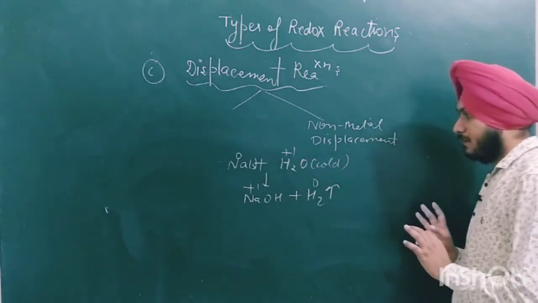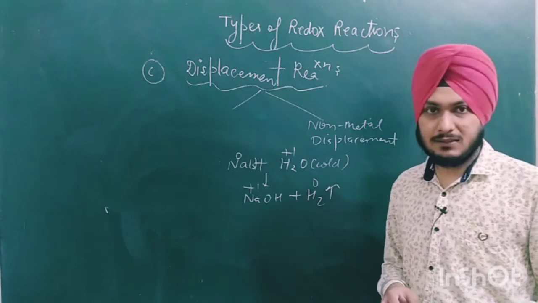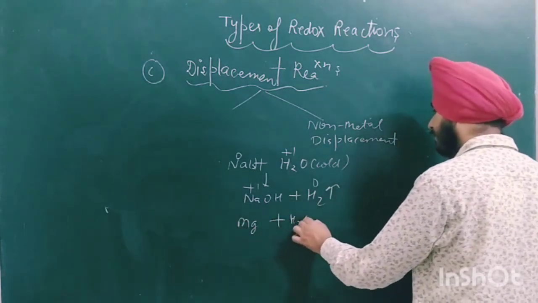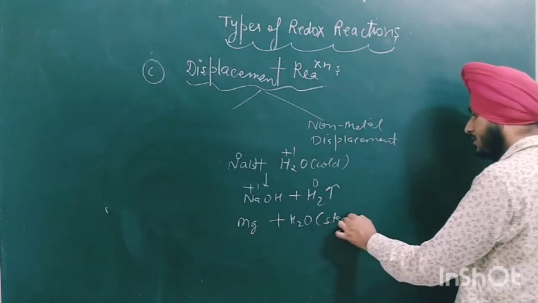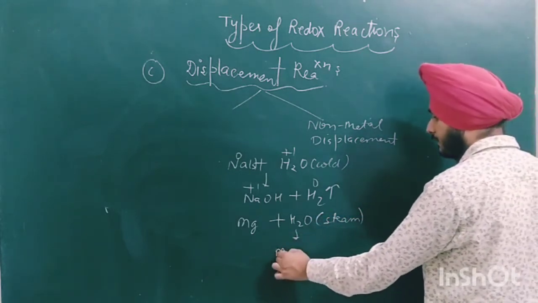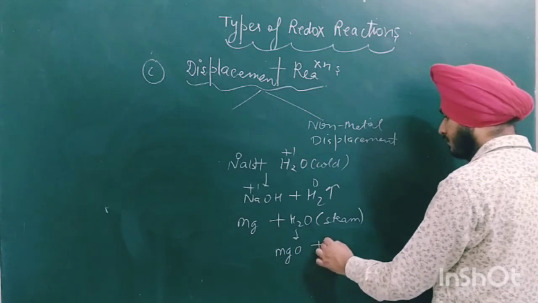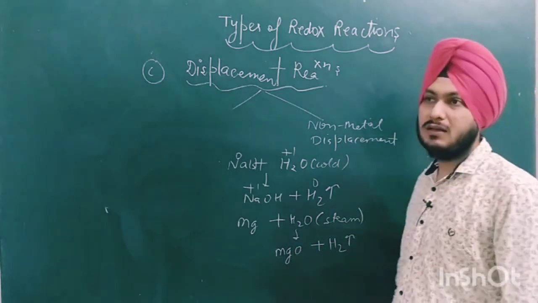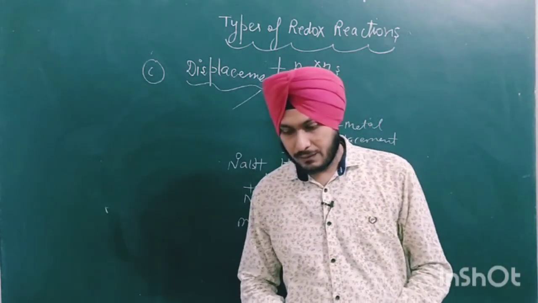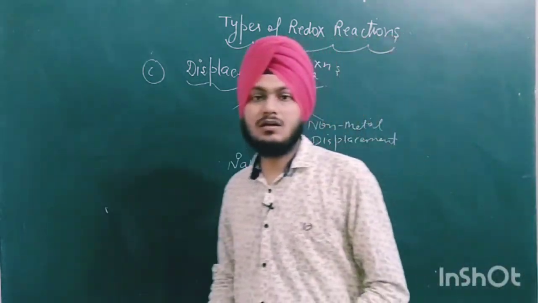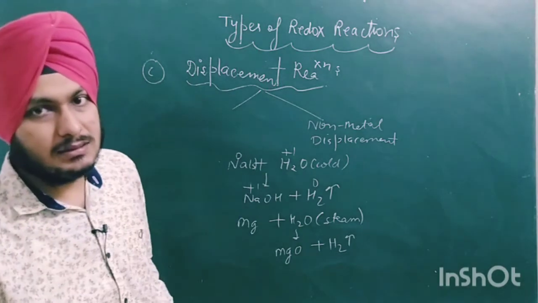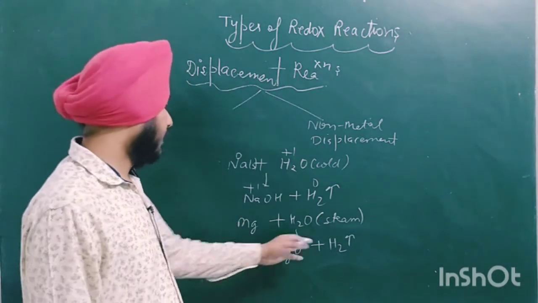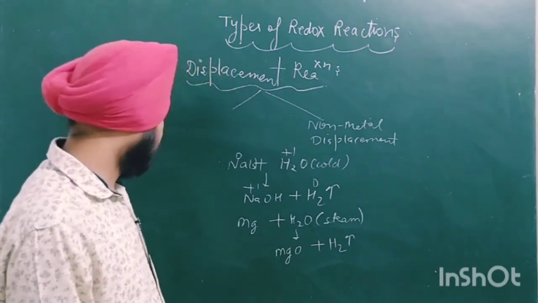Now, in case of less reactive metals, for example magnesium, magnesium reacts with steam to displace hydrogen gas. Similarly, iron can also displace hydrogen gas.